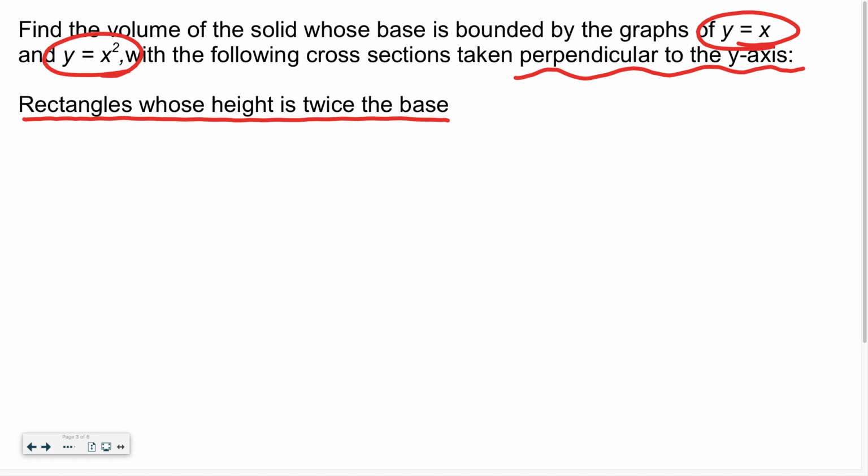So everything that I circled or underlined in red would be important information for you to write down in your notes, so that when you went back to look at this example, you knew what you were doing in the first place.